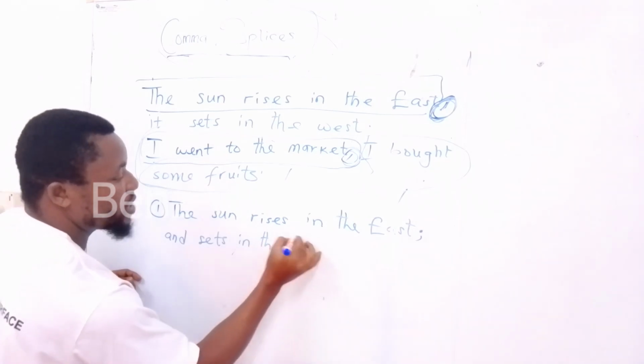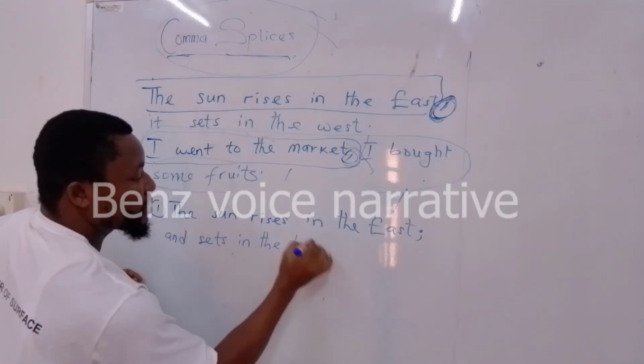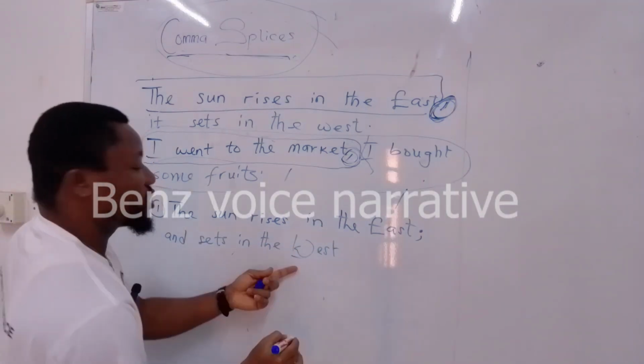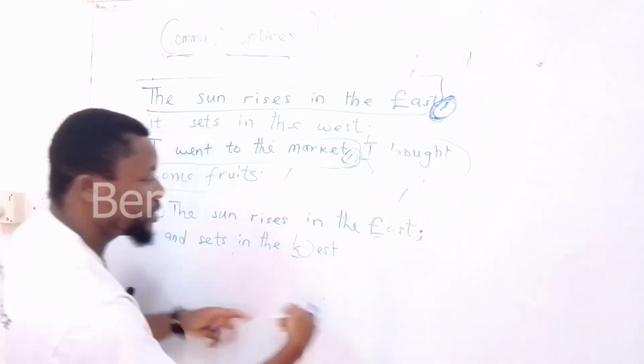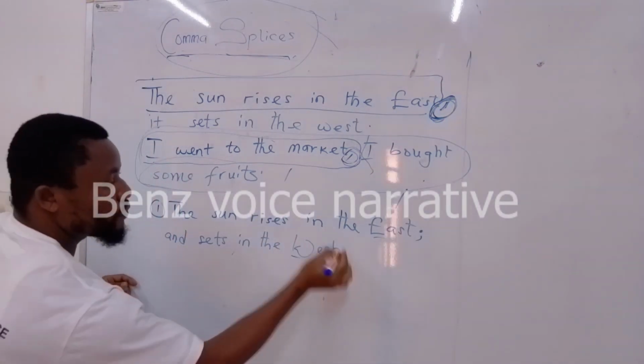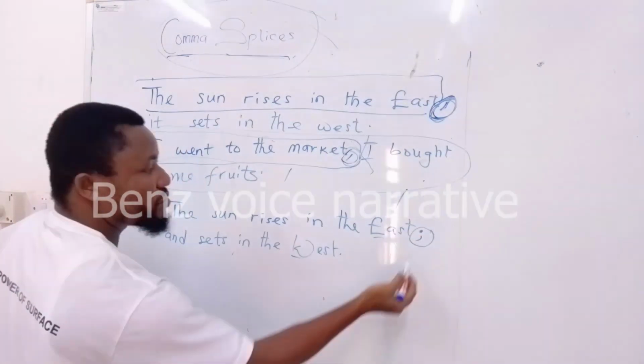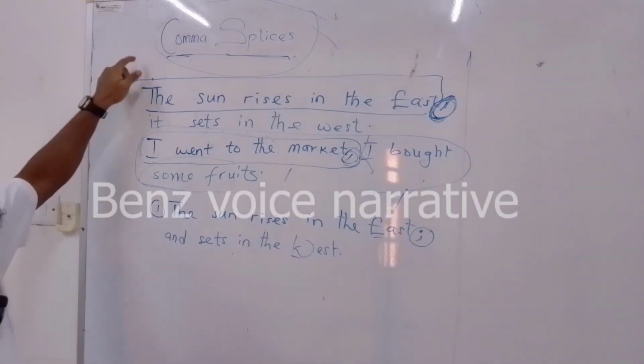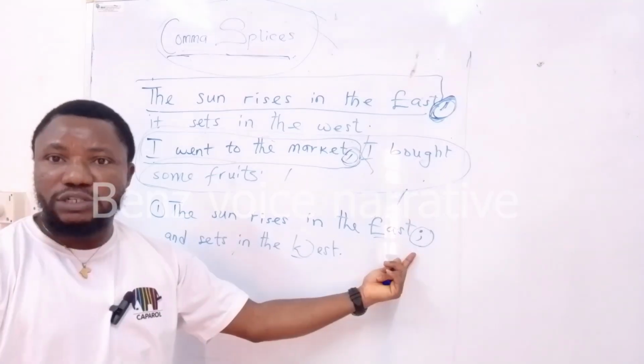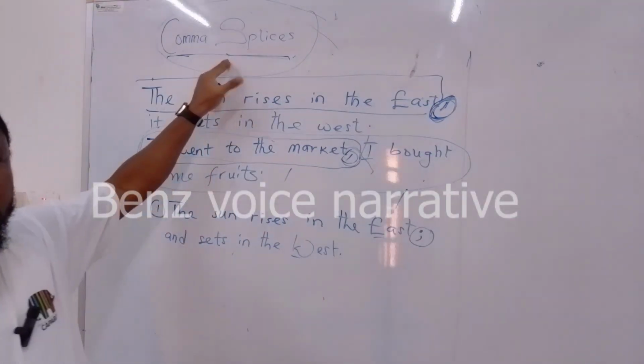Full stop. If you like now to use a capital letter, if you like now to write in small letter, it doesn't change anything. Now notice that the comma is replaced with a semicolon, which is the first way to correct comma splices.